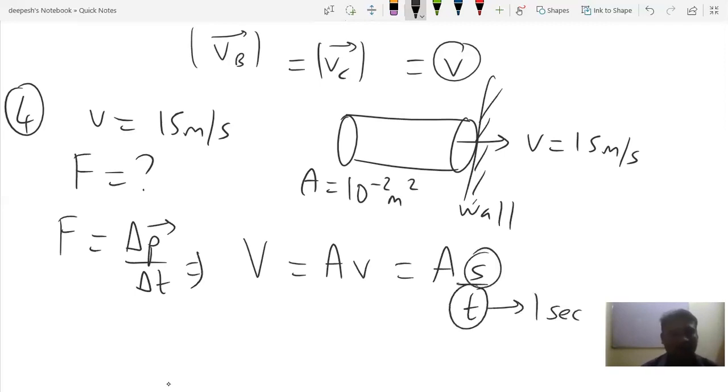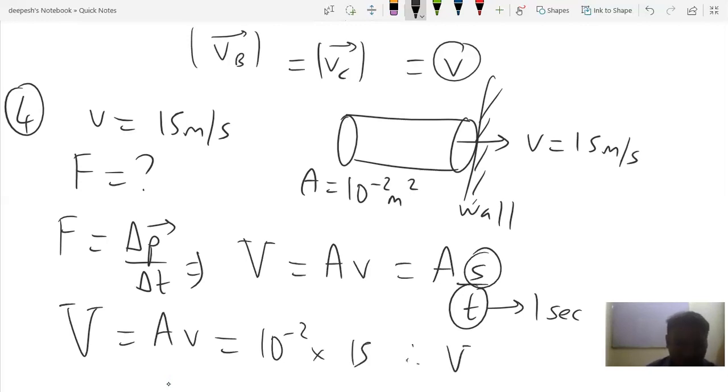So the water displaced in 1 second, displacement S, will be the volume. Volume is area into displacement. So in this case, this is the volume V, that is area A into velocity V. The area in this case is 10 raised to minus 2, and velocity we are given as 15.